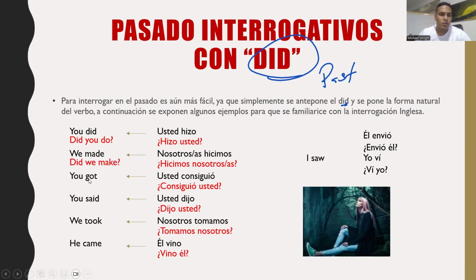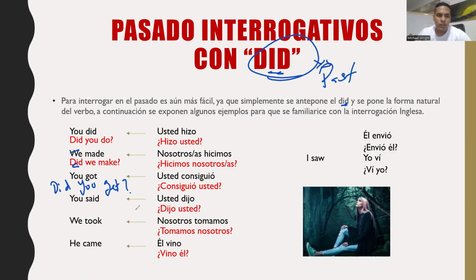How would it be in this case? So I'm going to write this one, and you're going to do the other. All the time we start with did. That is why did is past, right? So, did you, and what is the natural form of got? It's get. Did you get?